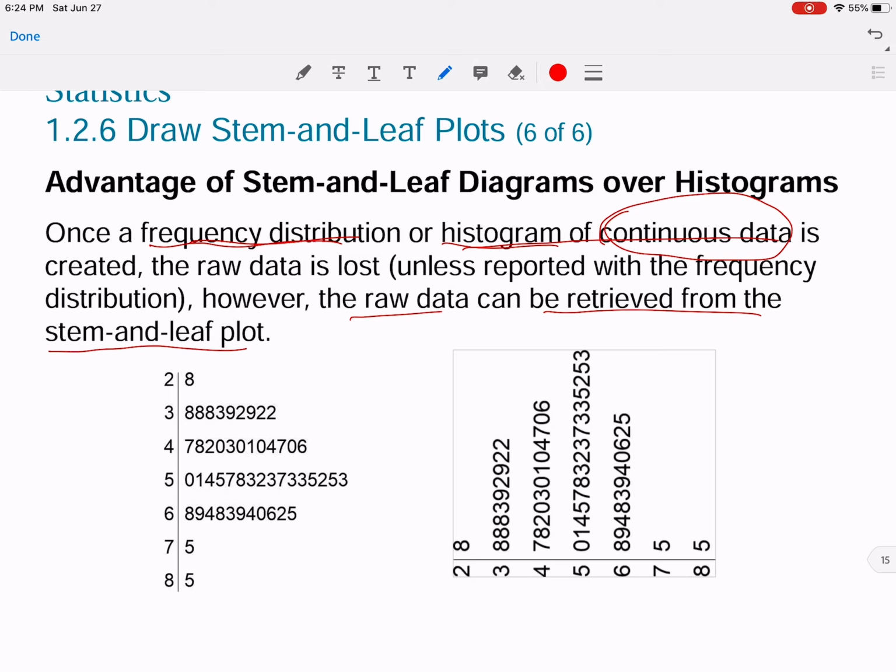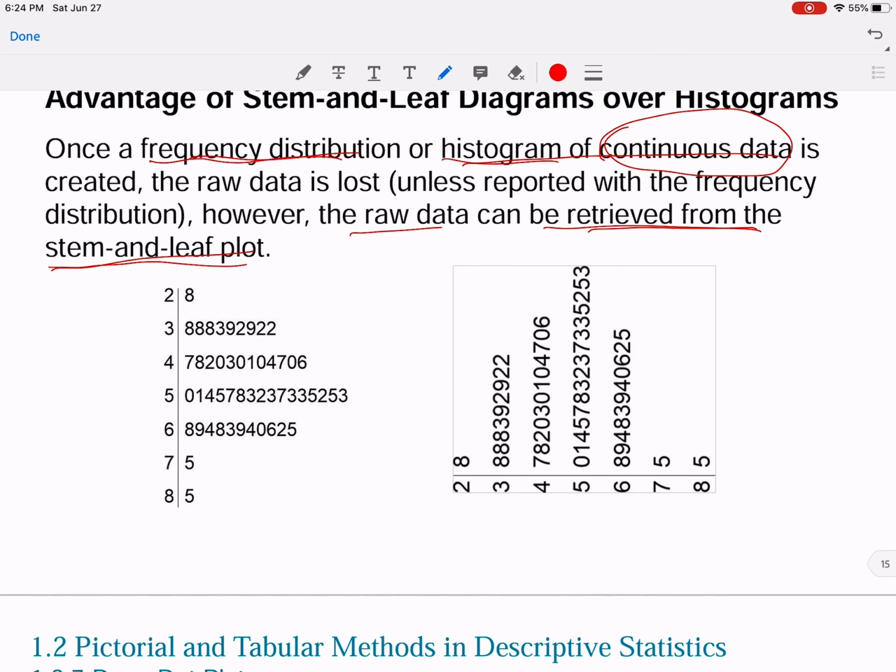We don't have the frequency of each exact observation. But the raw data could be retrieved from the stem and leaf plot. So based on the stem and leaf plot we have over here, we can find out. Of course, we need to write down the key.